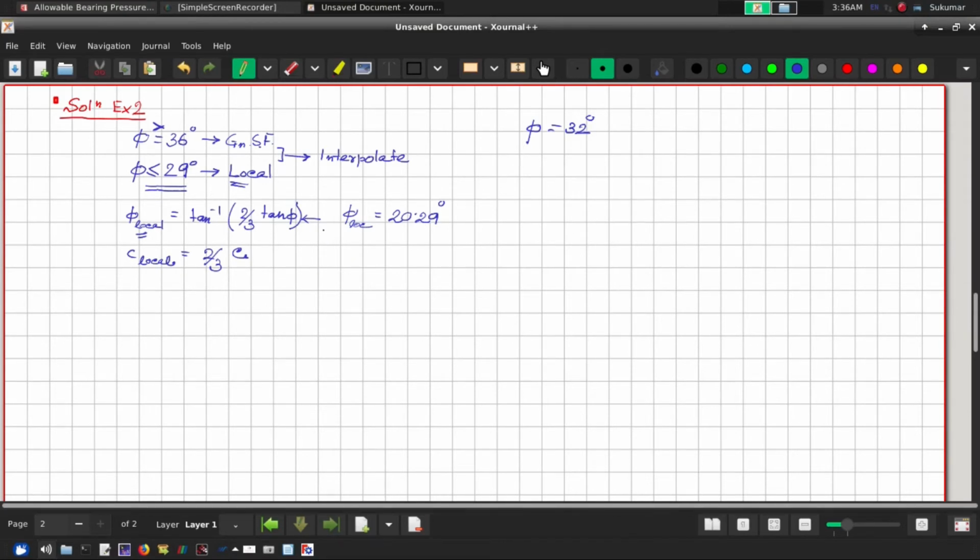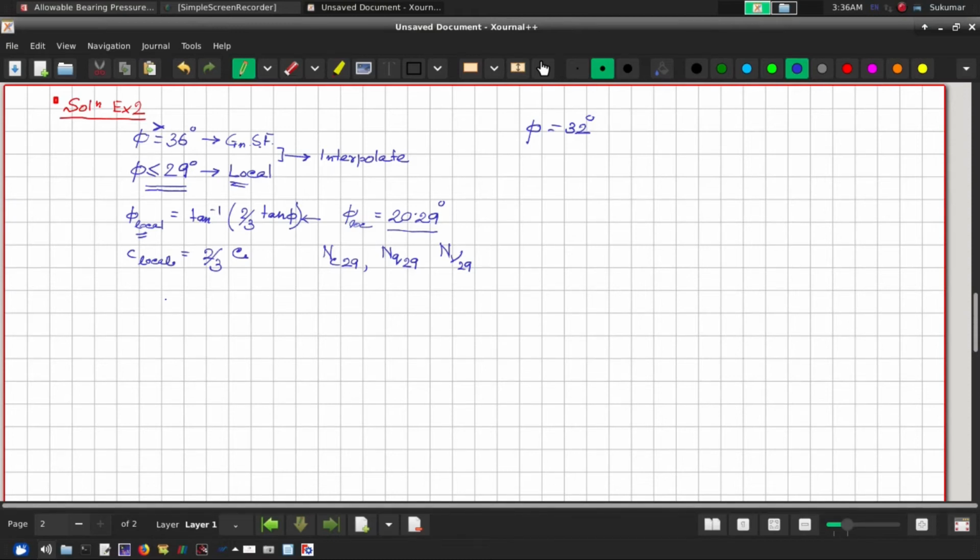Now what I will have to do, I will have to use phi equal to 20.29 degree to get the bearing capacity factors for phi equal to 29 degree in the equation. Okay, suppose I call them, say, NC29 and NQ29 and N gamma 29.